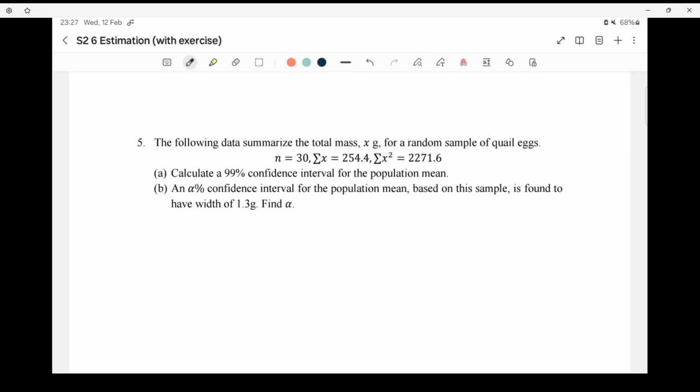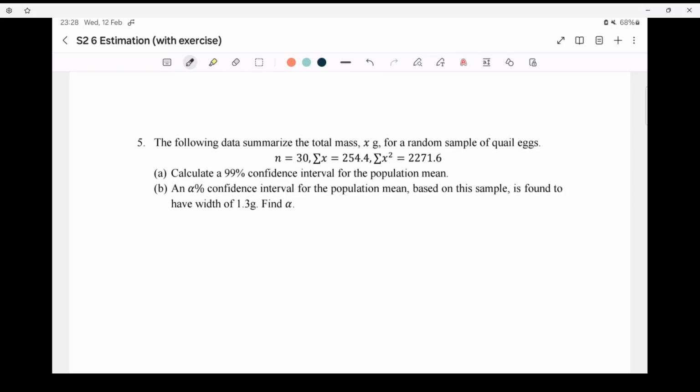So let's look at question 5. The following data summarizes the total mass for a random sample of quail eggs. So n is 30, sum of x is 254.4, sum of x squared is 2271.6. Calculate a 99% confidence interval for the population mean.